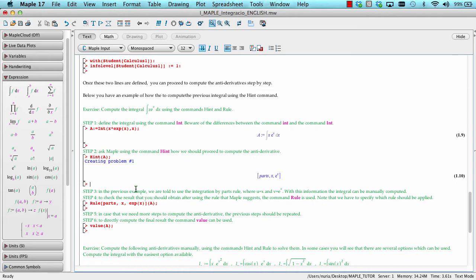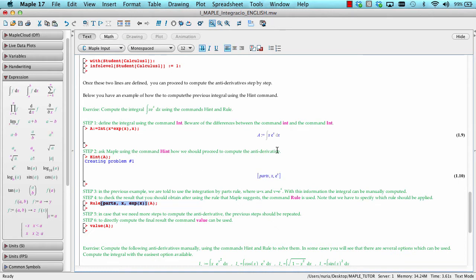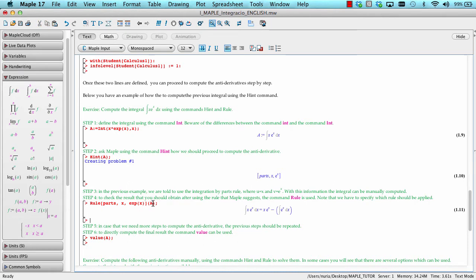Now Maple is not only telling us what to do, but we can use the rule command, where this is this, and we apply this rule to the integral a, and we say that if you do parts one time, you should get this result, and then you should continue using the hint command.